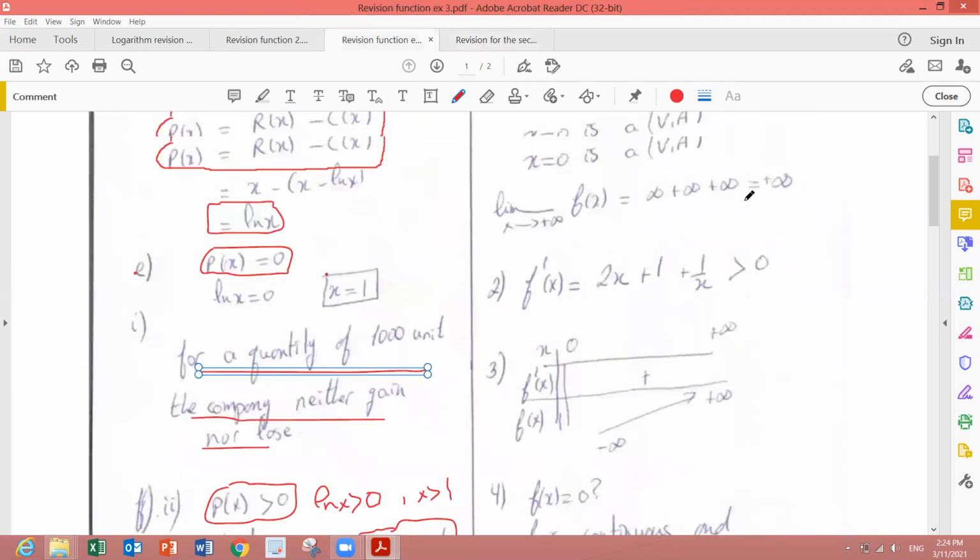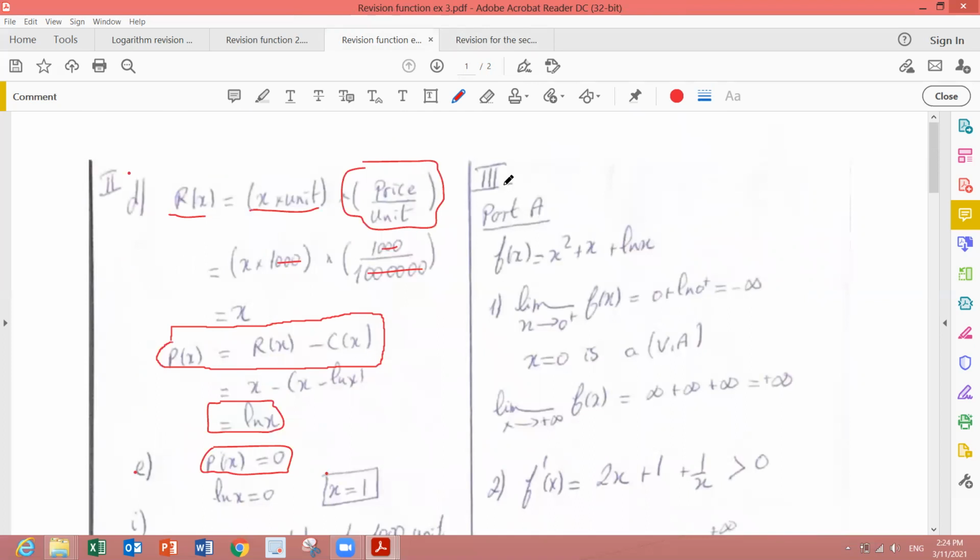So here, exercise 3. Limit as x tends to 0 plus of f of x. We replace x by 0. We get 0 plus 0 plus ln 0, which equals minus infinity.